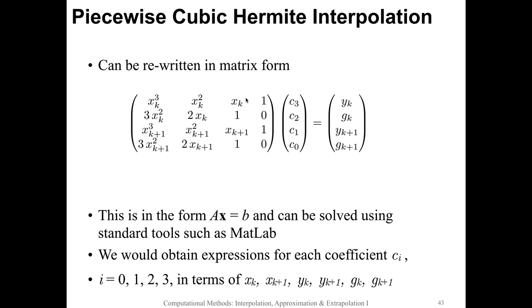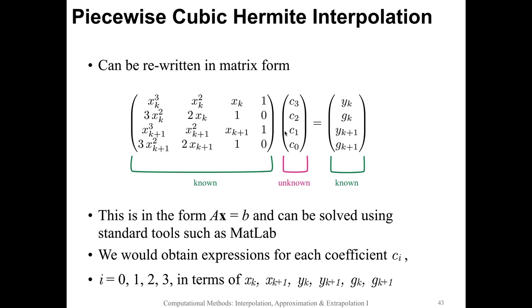These are the values that are being multiplied by the c's in order to meet the constraints on yk and gk, and the yk plus 1 and gk plus 1 values, the gradients at the start and the end of the interval. So the values that we know are all the xk's and xk plus 1s. We know where our knot point locations are, and we also know our measured values and our gradient values at the start and the end point of the interval.